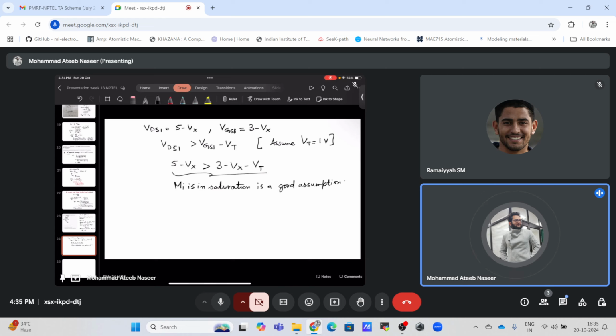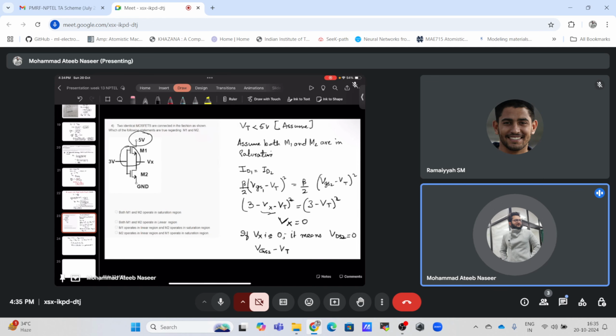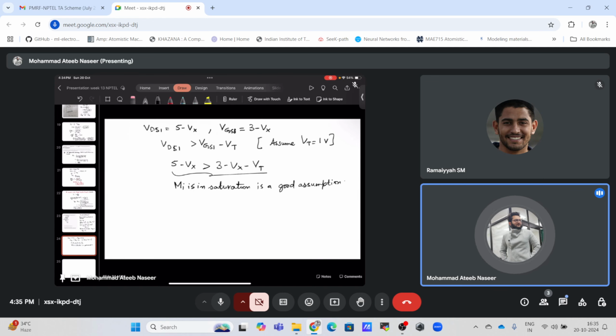Now let's assume the M2 MOSFET is in linear region, because it was not in saturation. VGS minus VT was not less than the VDS value. We can say that VDS2 came out to be equal to 0, and VGS had some value and VT also had some value, so it was not possible to have this VG less than this value.